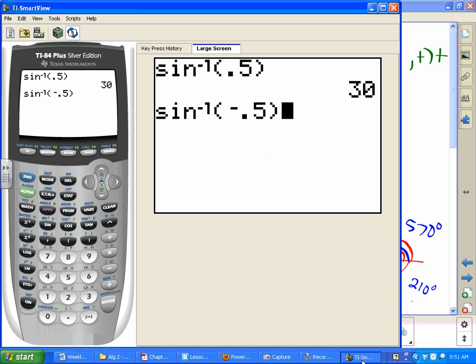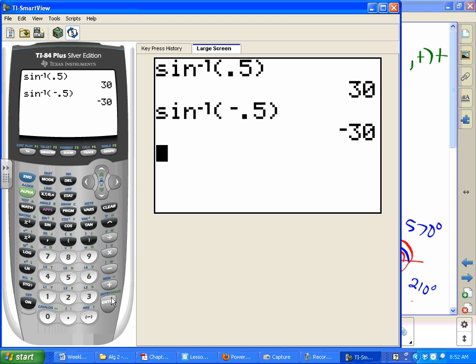But if I put this in my calculator and hit enter, then I get negative 30. Because your calculator is actually going to give you the right quadrant, and it'll give you the negative value. The calculator understands that if I'm calculating the inverse sine of negative 0.5, my answer has to be between negative pi over 2 and pi over 2, or negative 90 and 90.